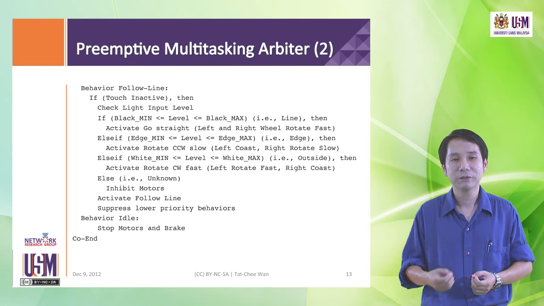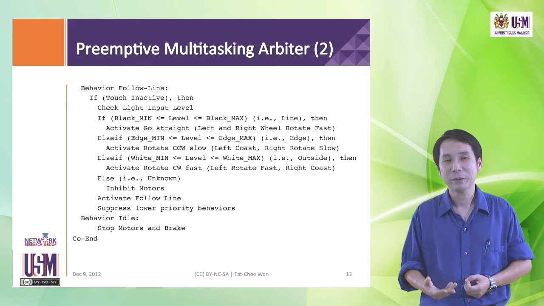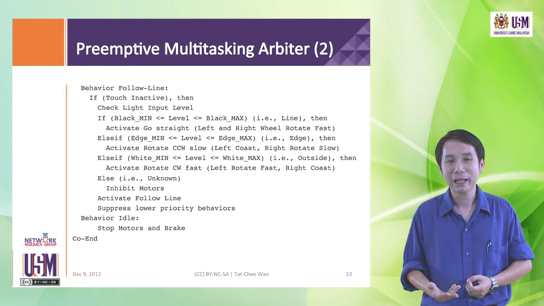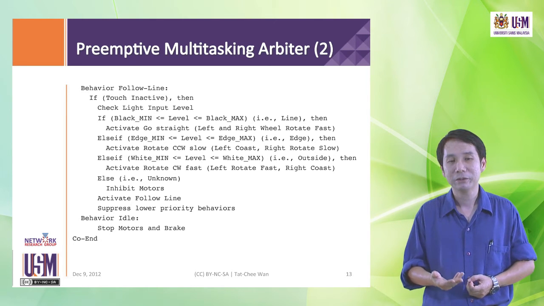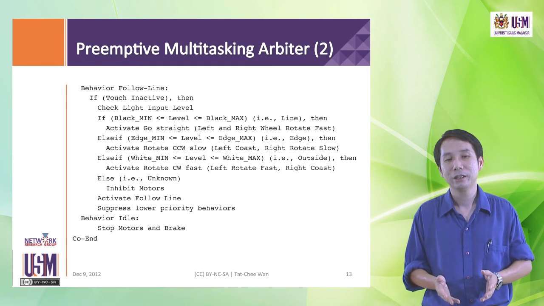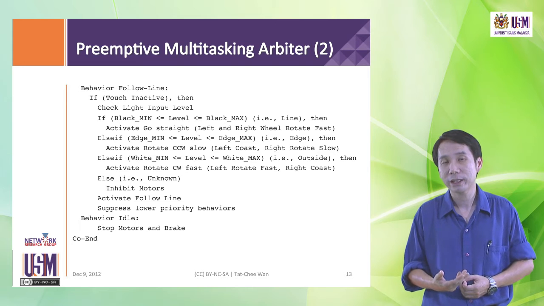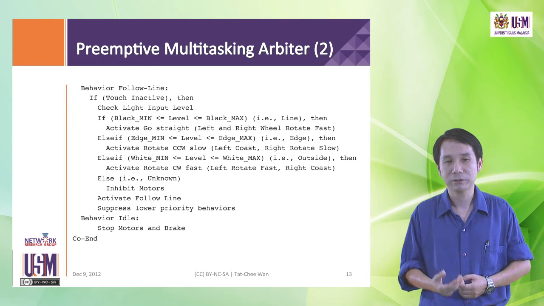As you can see here, the follow line behavior is a bit more complex. It is triggered by touch being inactive, meaning that there's no object being touched. However, it would then perform different actions depending on the light input level. If it is within a range given for the black line, then it will go straight. If it is between the range given for an edge, then it will activate a slow counterclockwise rotation in order to reacquire the line itself.